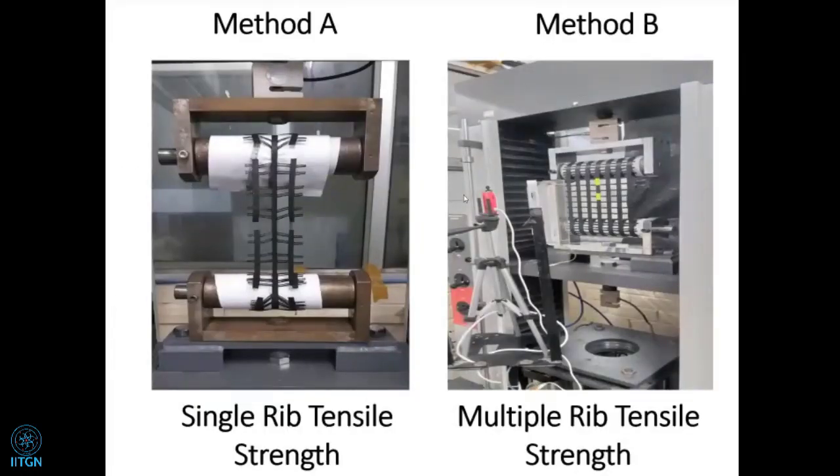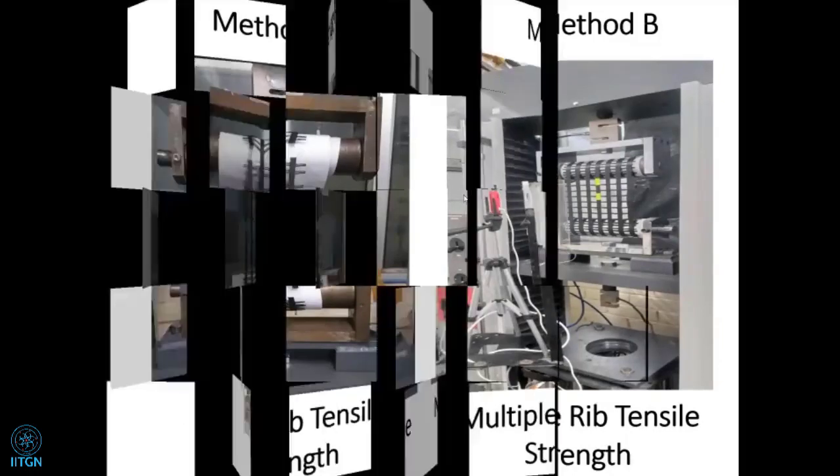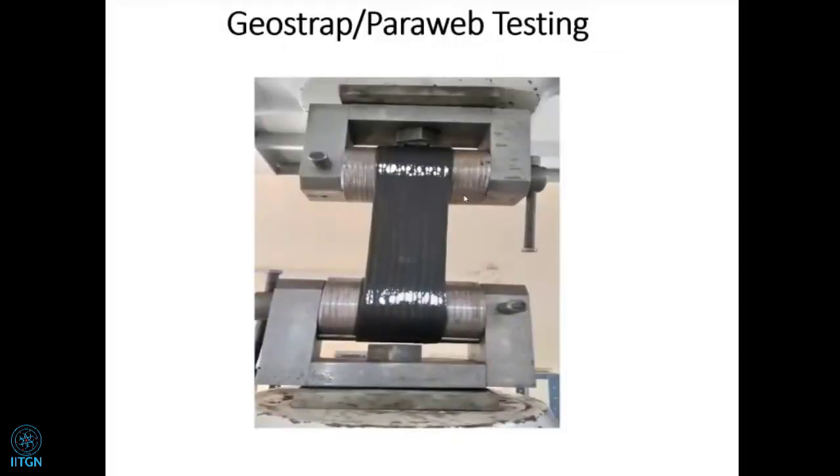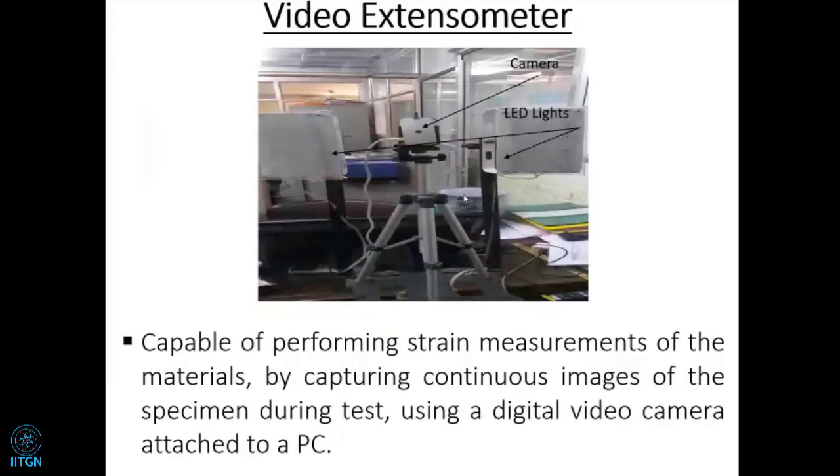These are the photographs we have already discussed, like the single rib tensile method and the multi-rib tensile method. This is another photograph of a geostrap. This is the video extensometer, which is used to measure the strain, like elongation, during the tensile test.